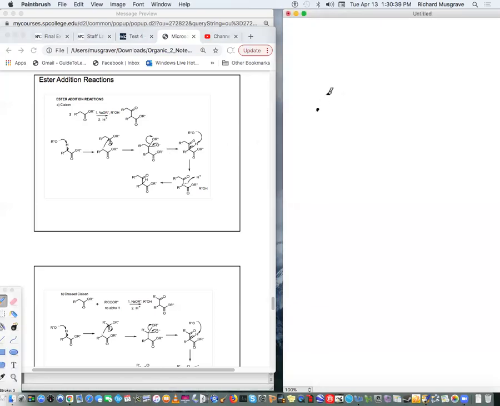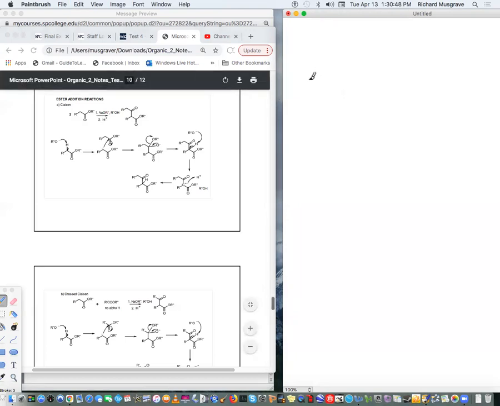All right, so let's look at an example. The pattern for these is not quite as nice or as fun as the aldol pattern, but it is a pattern nonetheless. So let's have a look. Two of these will do, and I'll do Et here. There's a bit of a catch with these.